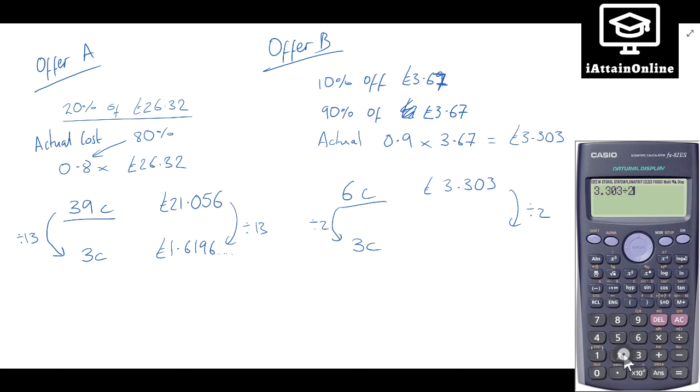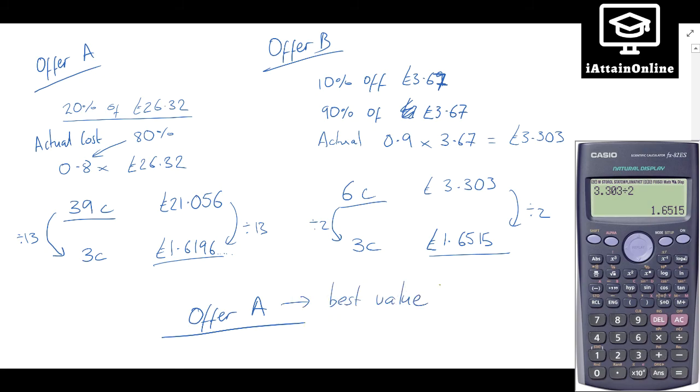Dividing that by 2, that tells me that with offer B, I'm actually getting 3 croissants for £1.6515. Okay, again, these values are really close. So the lowest value one is actually, in this case, offer A is the best value.